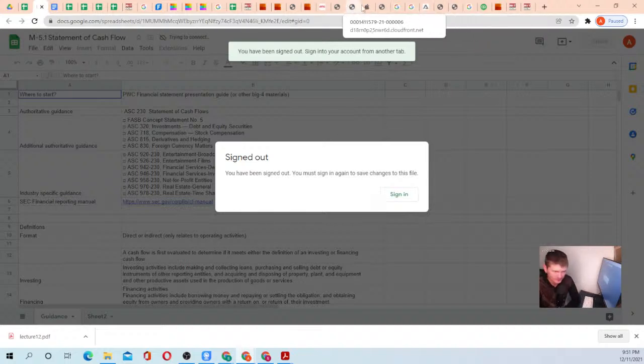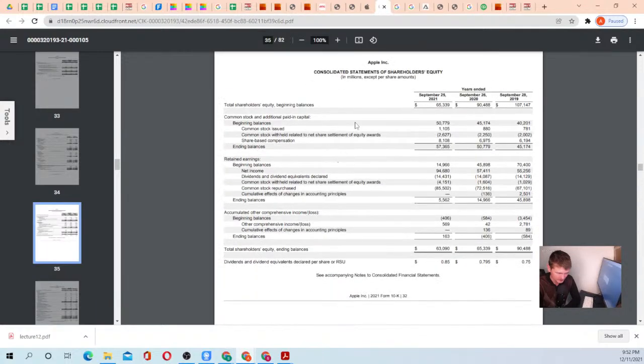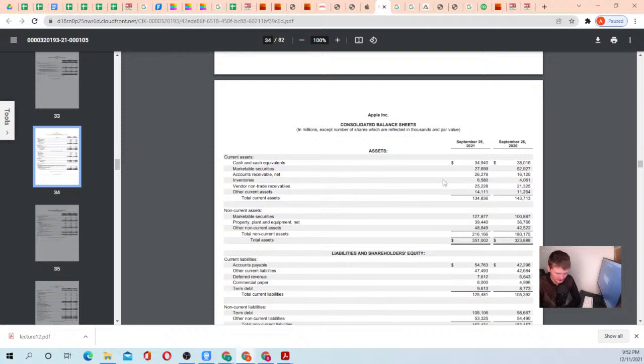One was Apple, but Apple is not really heavy on PP&E. They only have, what do they have? 40 billion of PP&E, while their total assets are much larger. So their PP&E is only like 10%.